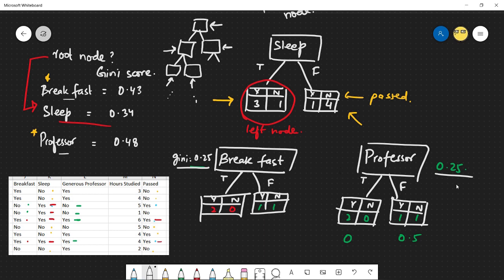Because they're both giving you the same score, you can just pick either one to slot in here. So we're going to put breakfast in there. I'm going to get rid of this left node that we were looking for, and instead, we're now going to say that it is being split on breakfast.